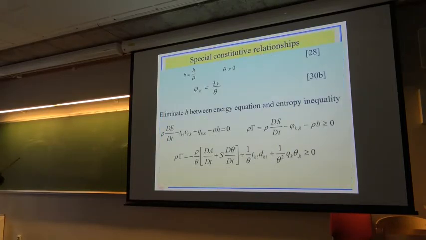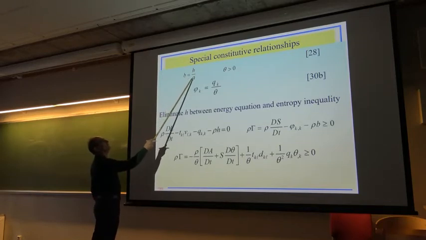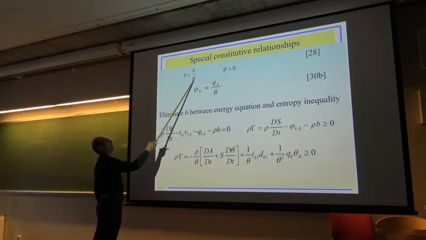So in order to make my development simpler, we assume that the external supply of entropy is only related to the external supply of heat, energy, sorry, for example, radiation.